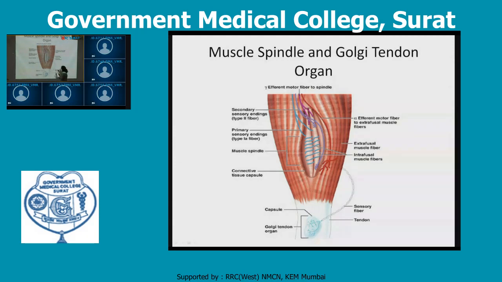If the tension is high and the contraction is very forceful, the Golgi tendon organ will fire, and then the alpha motor neurons are inhibited via the interneuron, and because of the inhibition of the alpha motor neuron, the muscle spontaneously relaxes.